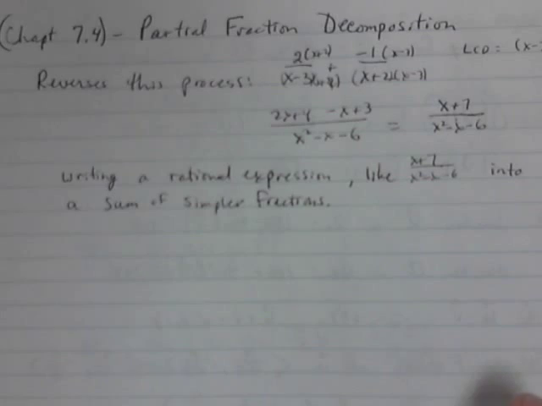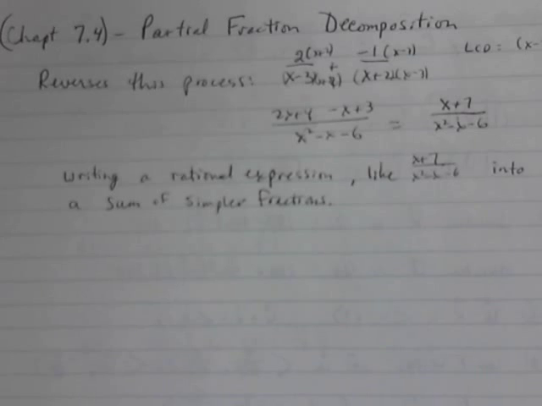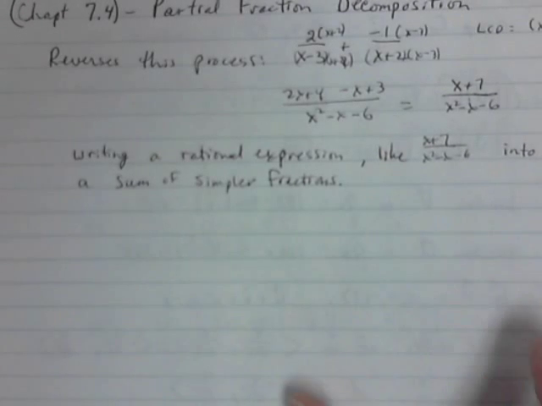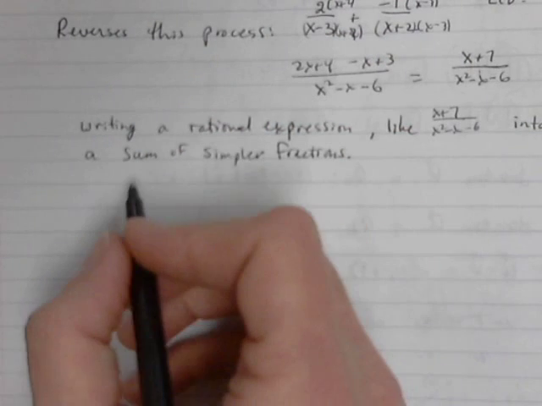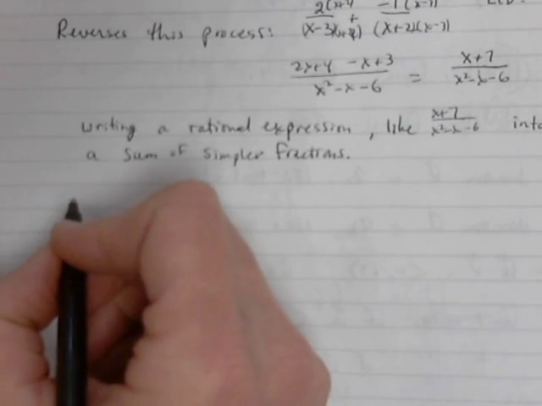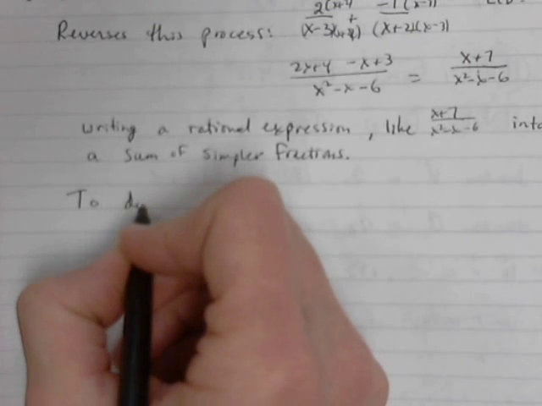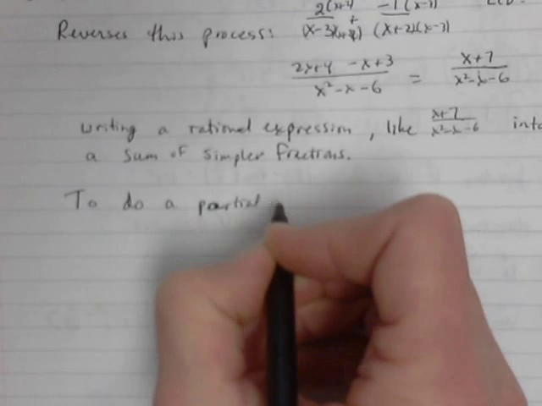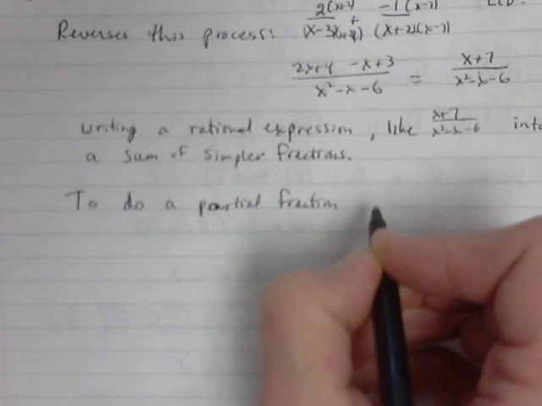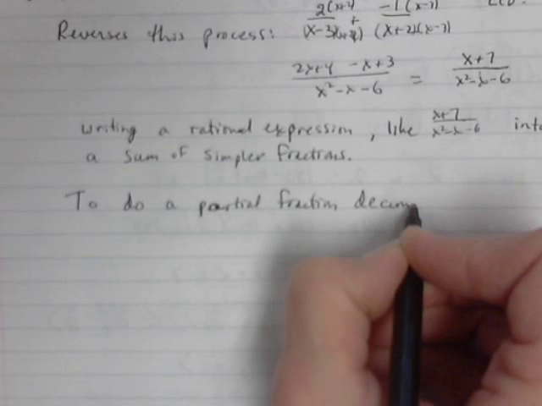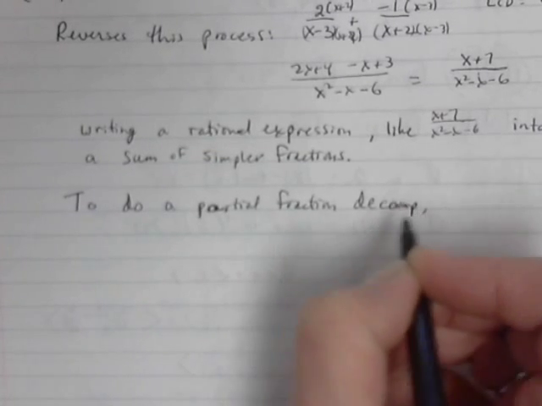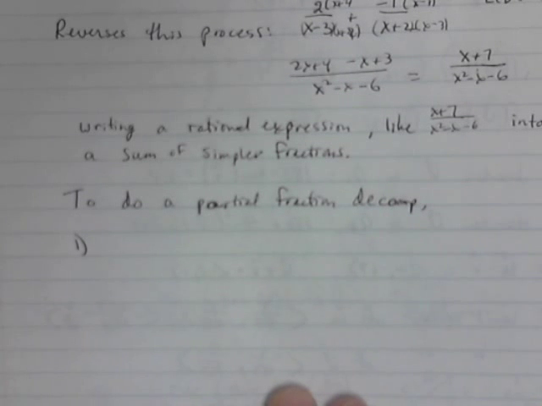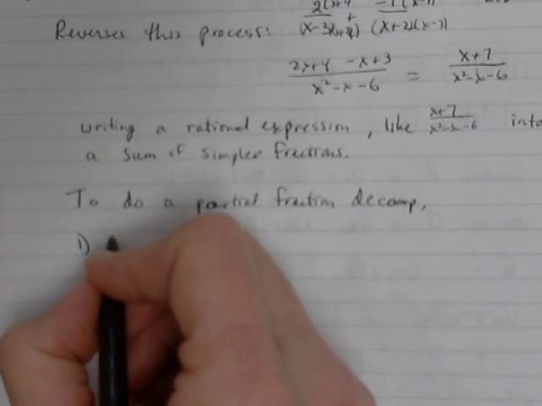So there's about a three or four step method to do a partial fraction decomposition on a given rational expression. So to do a partial fraction decomp, I call it a decomp, the first thing you're going to do is you're going to factor the denominator completely.